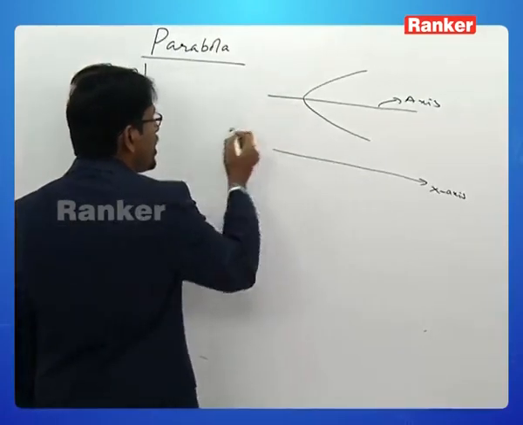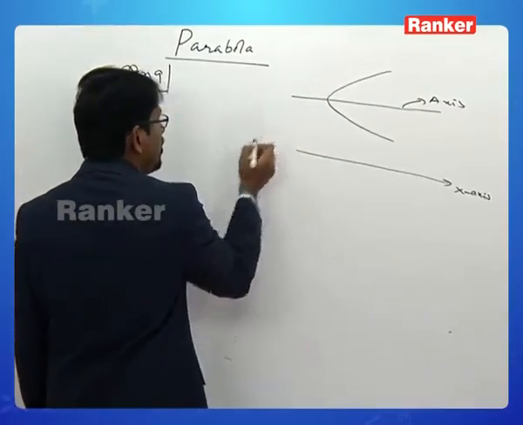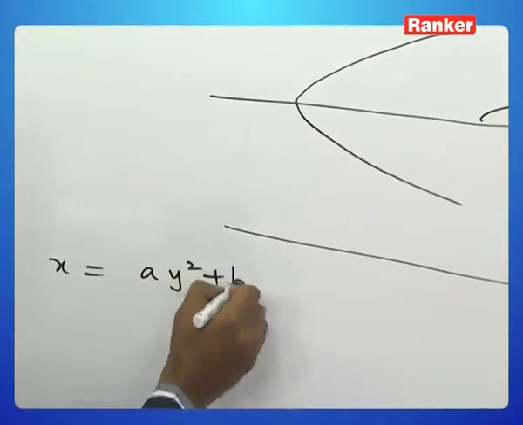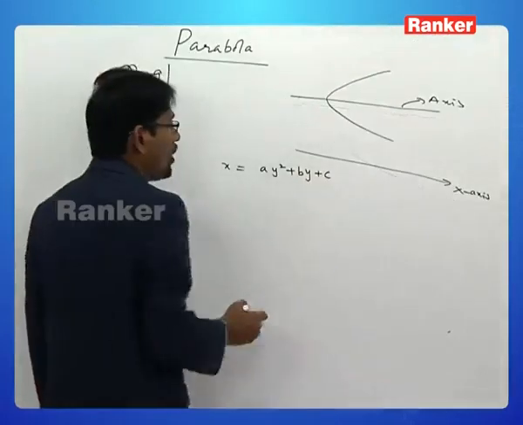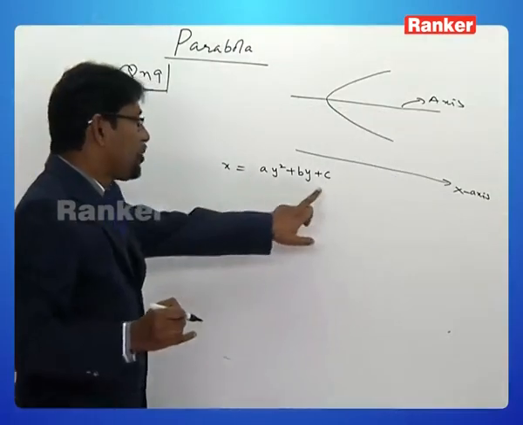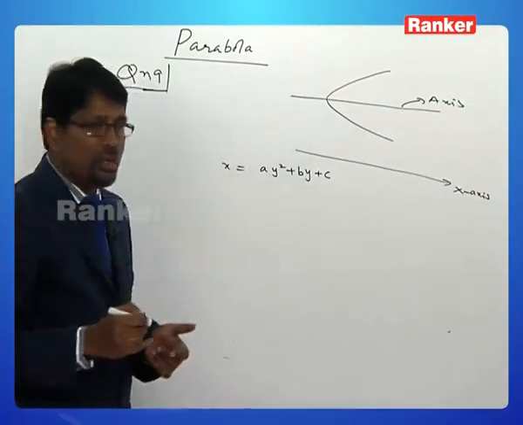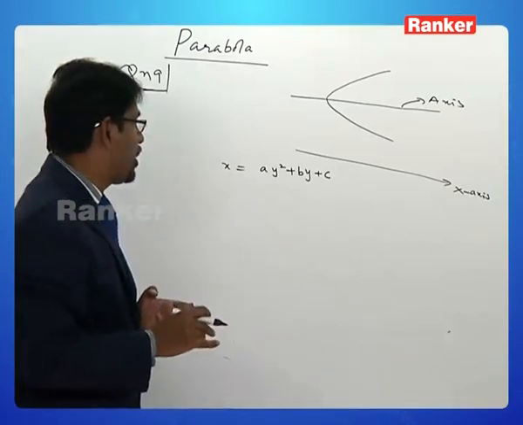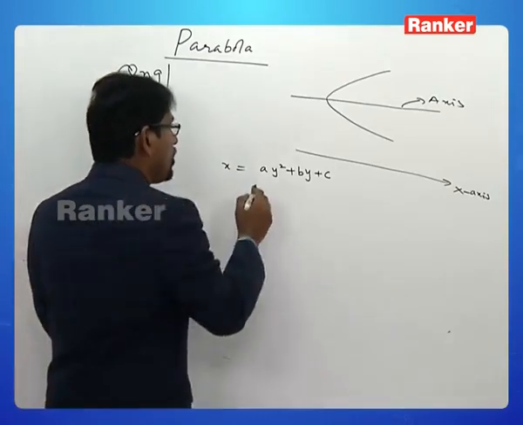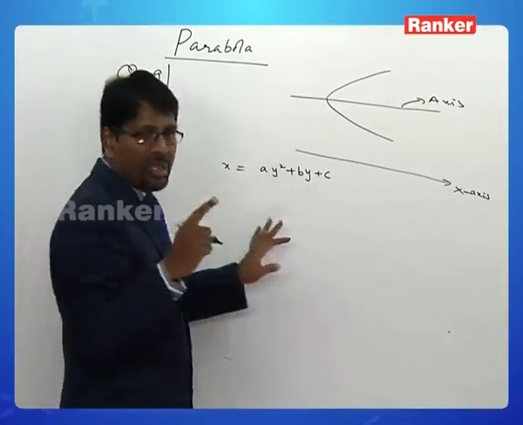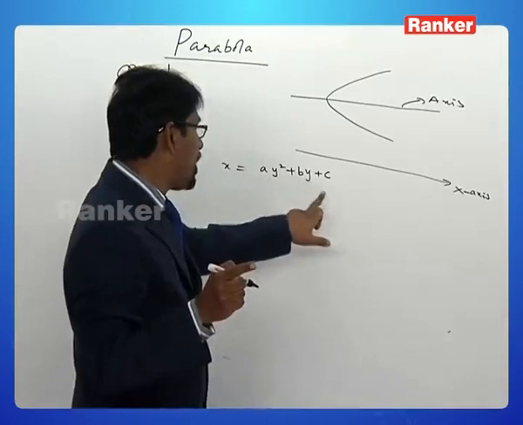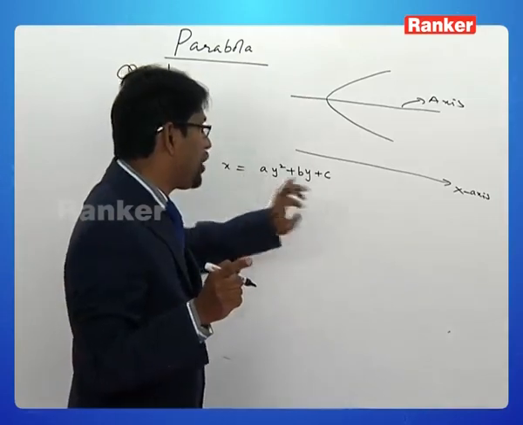The equation of this can be taken as x equal to ay square plus by plus c, where a, b, c are the things that we need to fix by using some information about the parabola. So since the axis is parallel to the x-axis, we can write it in this form, x equal to ay square plus by plus c.